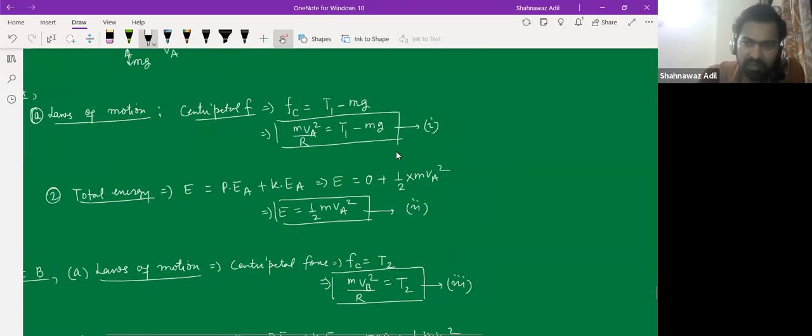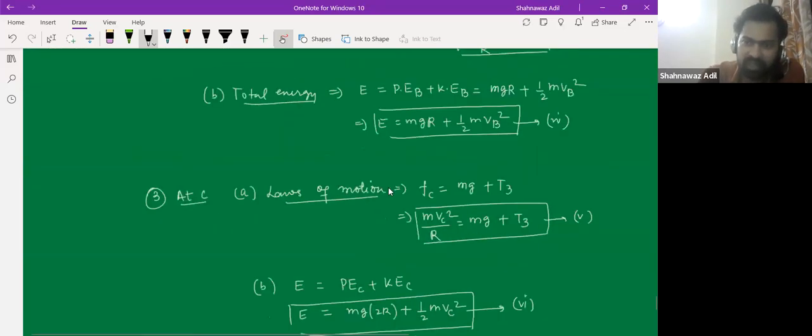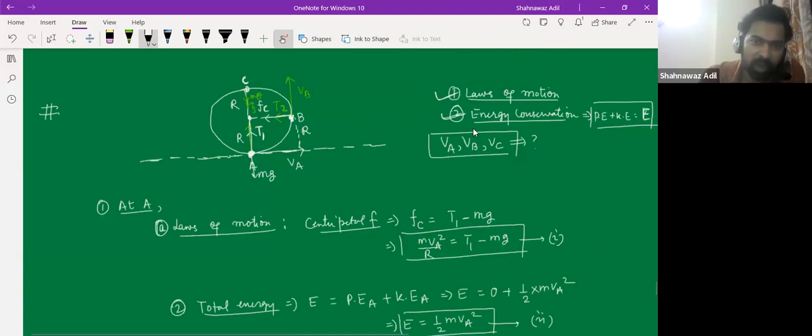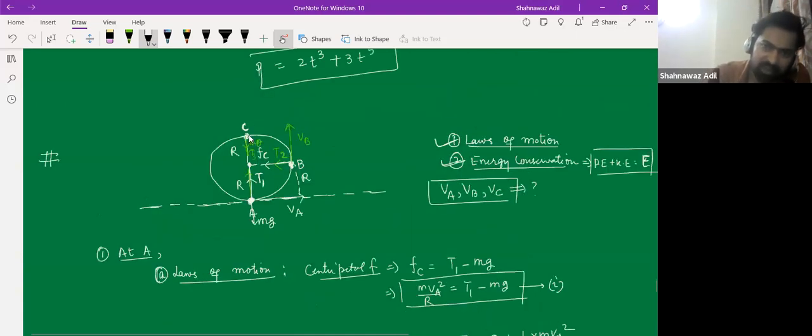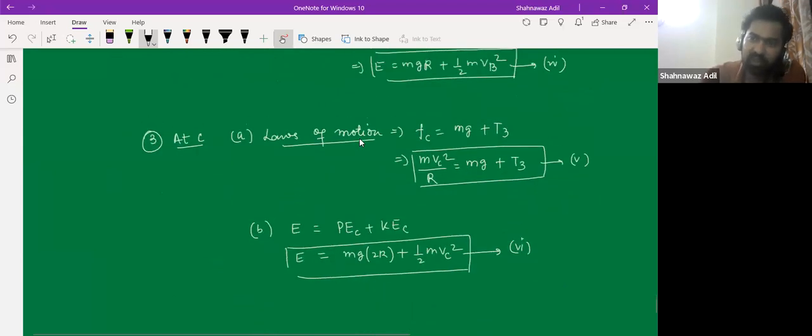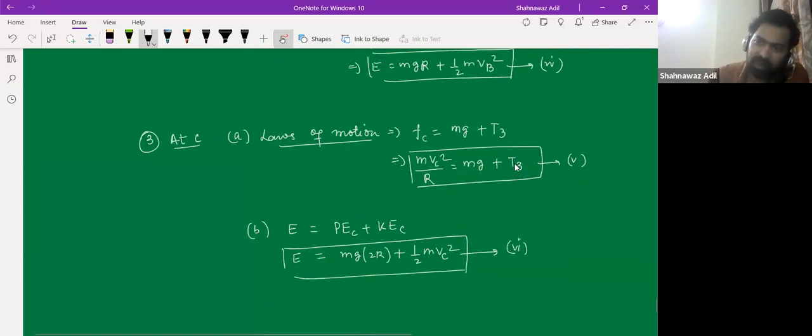So let's solve this, firstly, this fifth one. So at this point, we can assume that the tension is less, right? Tension is minimum, so we can neglect this part, and what we will get?